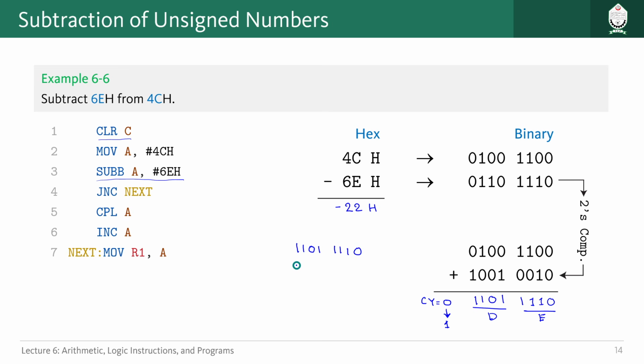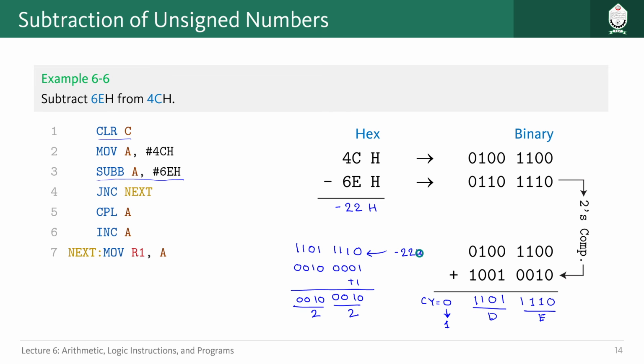If I take the 2's complement, first of all I have to take the 1's complement, so 0 0 1 0 0 0 0 1, then add 1 to that, right? So it will become 1 0 0 0 0 0 1 0. So this is 2 and this is 2. So the value we have got currently is 22.